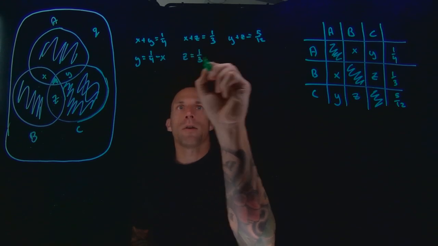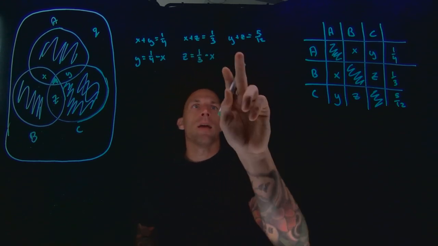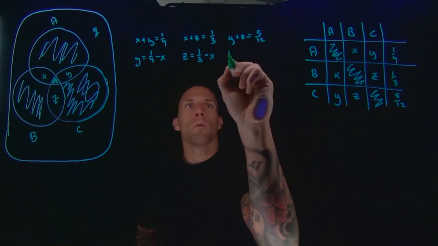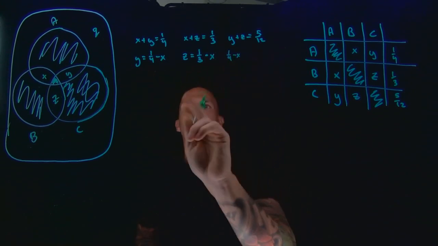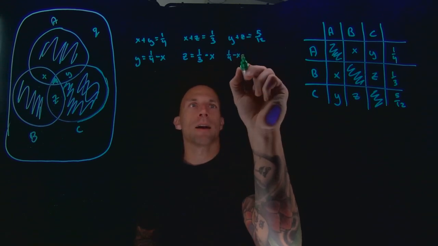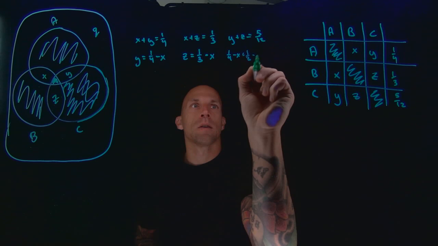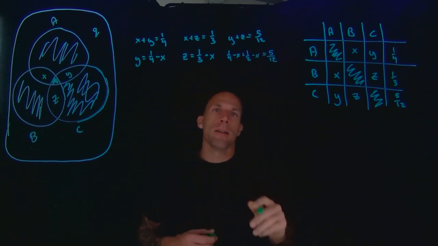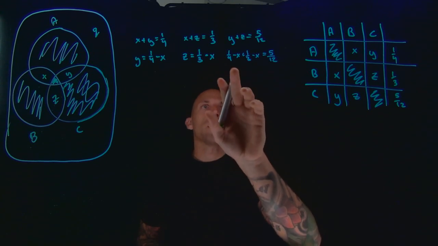Z is 1/3 minus X. And then substituting here, our value for Y, 1/4 minus X, and our value for Z, 1/3 minus X, equals 5/12. And then from here, it's just algebra.